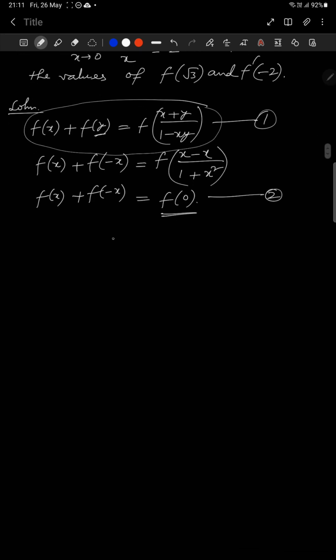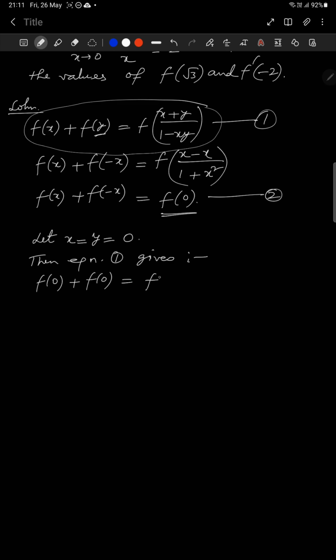So what we do now, let x = y = 0. Then equation 1 gives f(0) + f(0) = f((0 + 0)/(1 - 0)), which is equal to f(0).